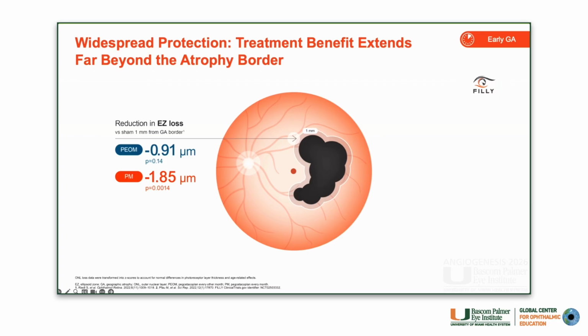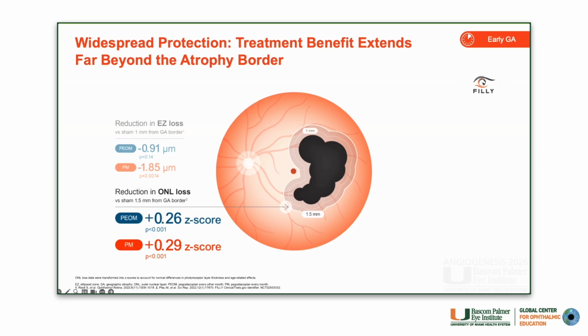Another AI analysis also found that the benefit is actually even broader and extends to the photoreceptors beyond the GA border. Shown here in this figure, pegcetacoplan treatment led to a meaningful reduction in the EZ loss 1 millimeter from the GA border.